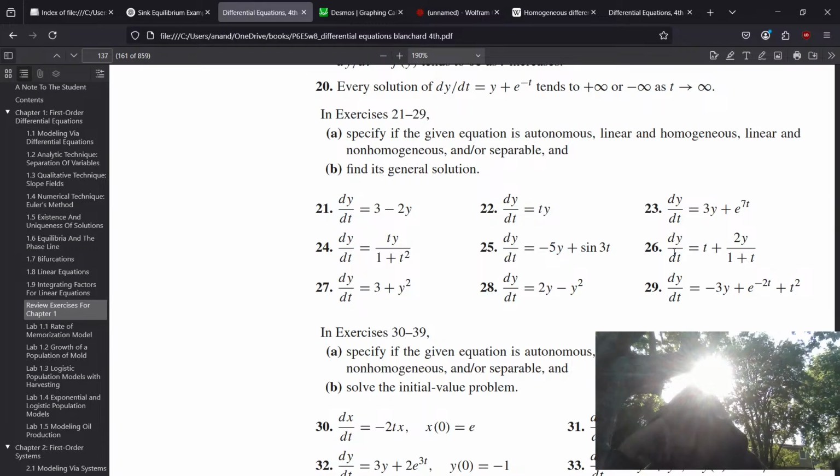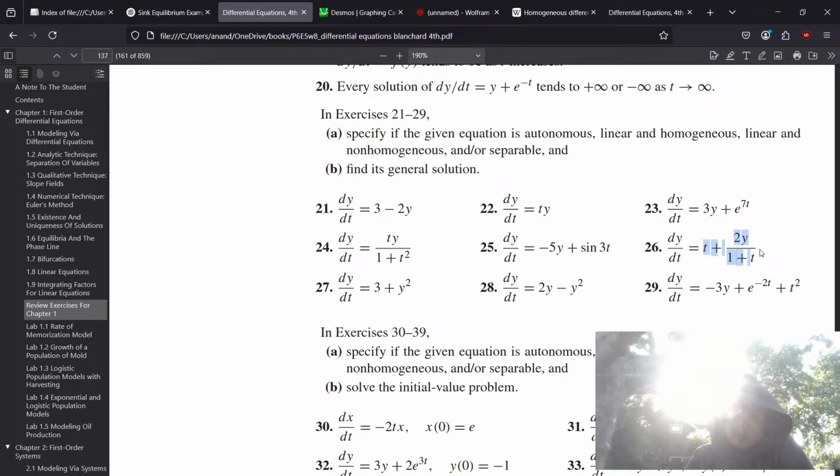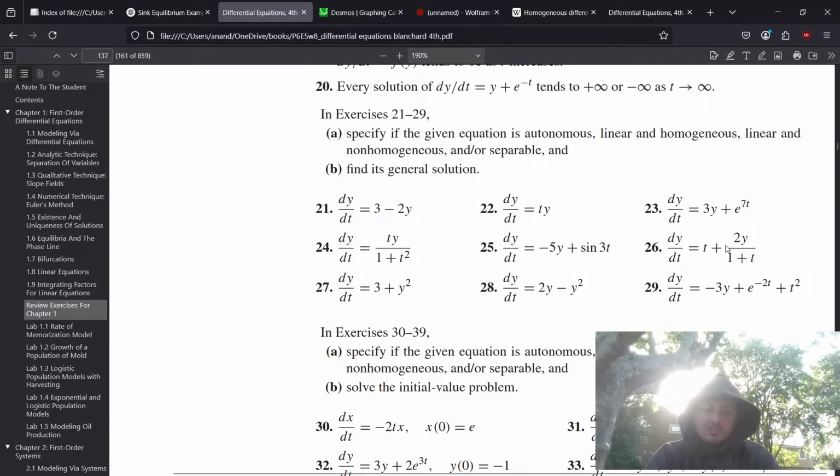Now this one I don't know about. I'm pretty sure that this one is a trick one because it actually is separable, but actually I'm not so convinced.